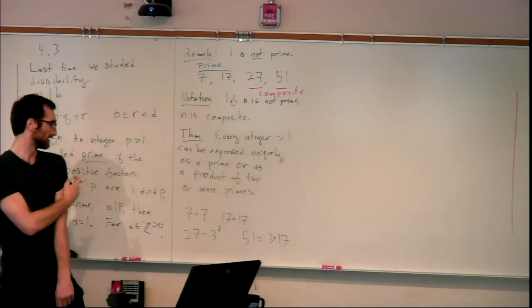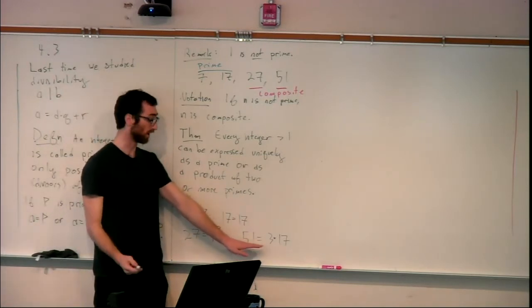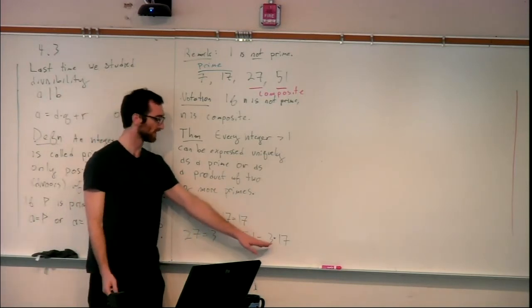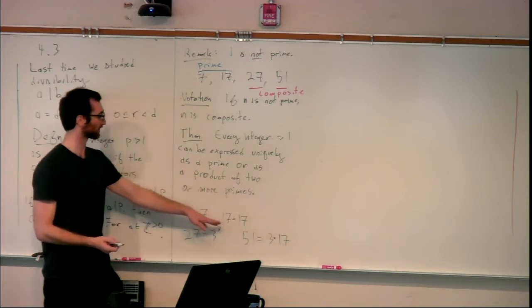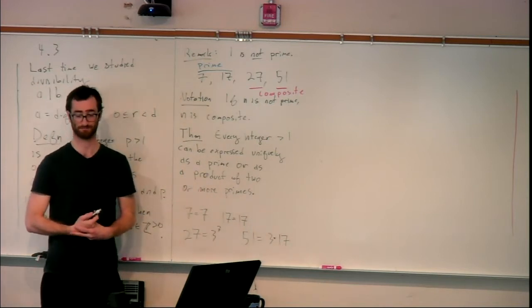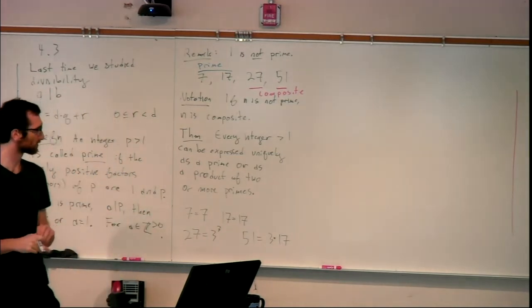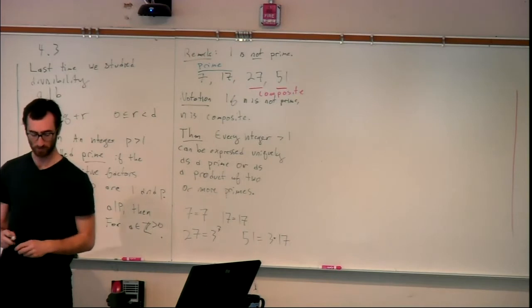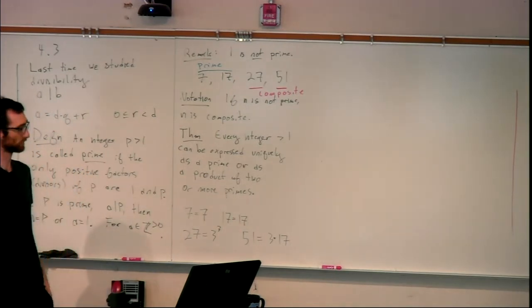Let me see if I did this math right. Yes, I did. Right? So the prime decomposition of 51 is just 3 times 17. I can't break 17 down any further because I already know that it's a prime. Okay. I don't expect that this is particularly new, but this is how we start thinking about primes.